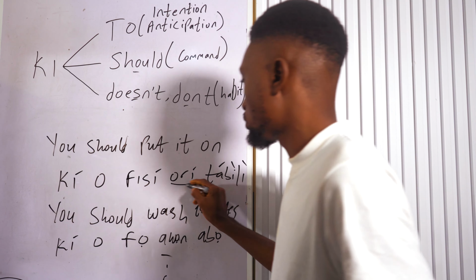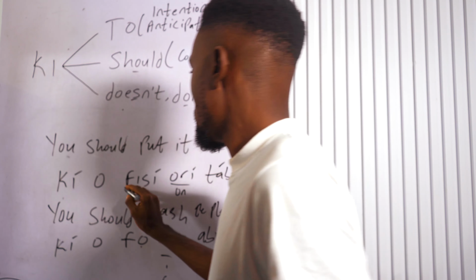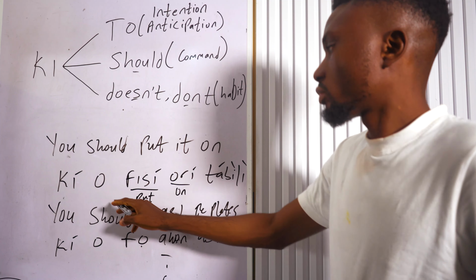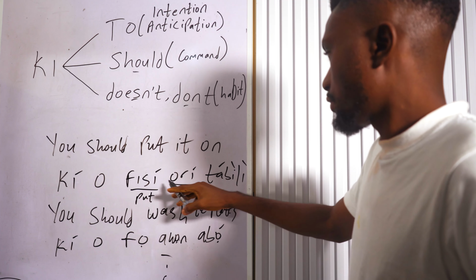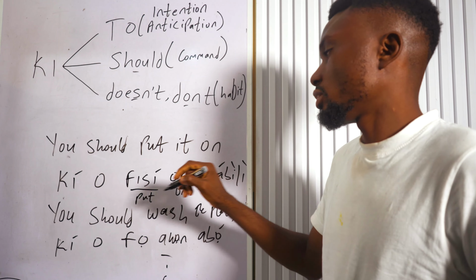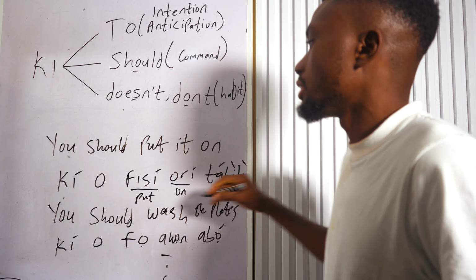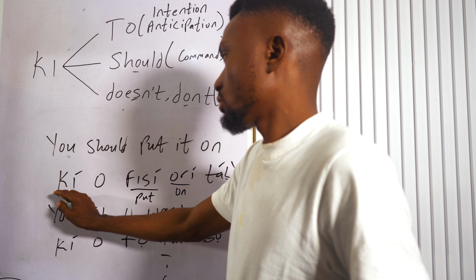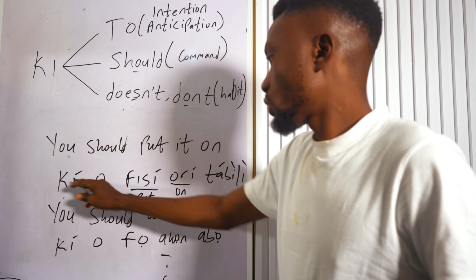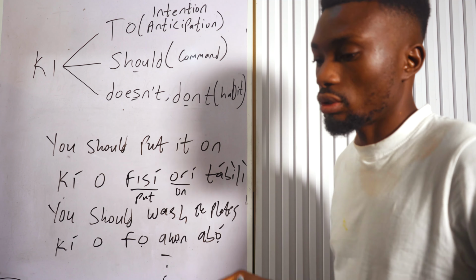Orí is on. Fi sí is put. Kí o fi sí orí tábìlì. You should put it on the table. Kí is should, o is you. Kí o fi sí orí tábìlì.